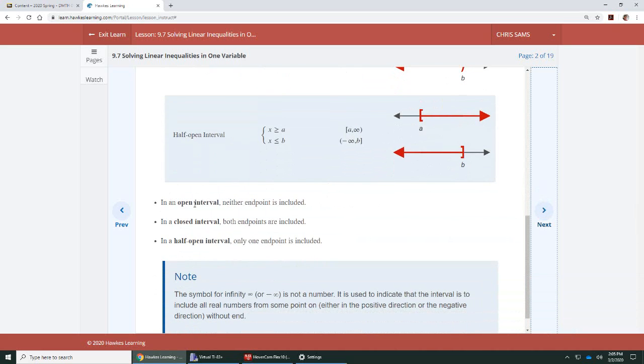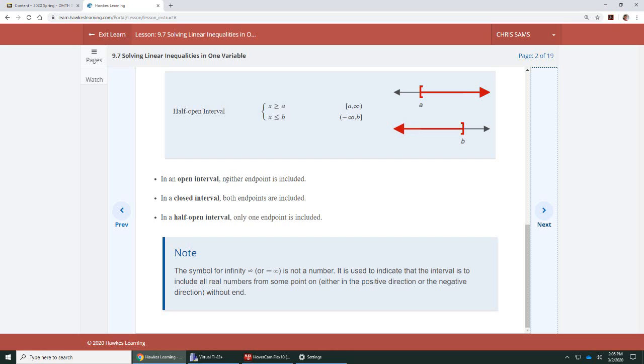So here's the wording of the book. It's just showing you open interval means neither endpoint is included, and then you also have closed interval, both endpoints are included, and then half open, one endpoint is included.